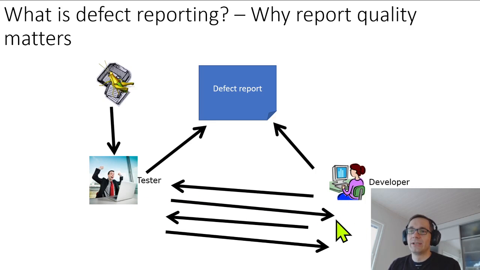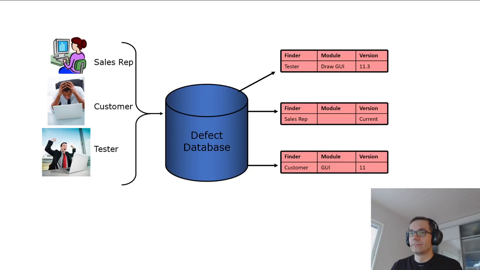If the developer is still not satisfied with the report, then there would be extra communication going around here. Obviously, all this extra communication and extra hassle could be avoided had the tester filed a good enough defect report so that the developer could fix it straight away. So that is why defect reporting quality matters.